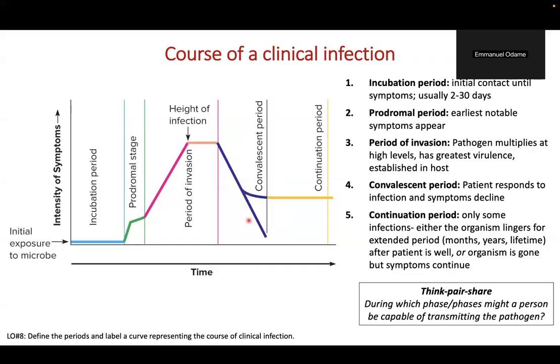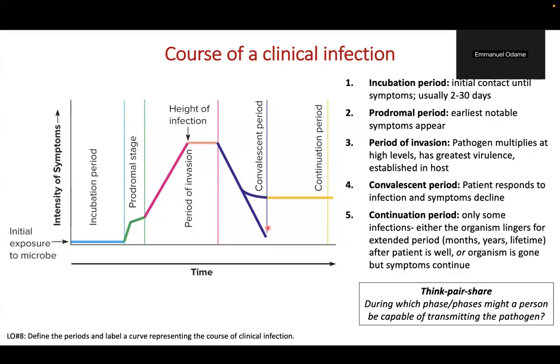And then it moves to the fourth stage, the convalescence period, basically where your patient will respond to the infection and symptoms decline. So here, your host body starts responding excessively to the infection that is being caused.